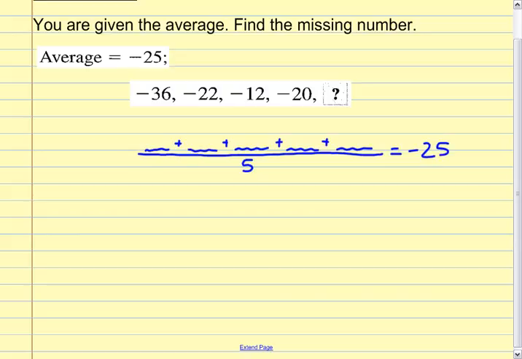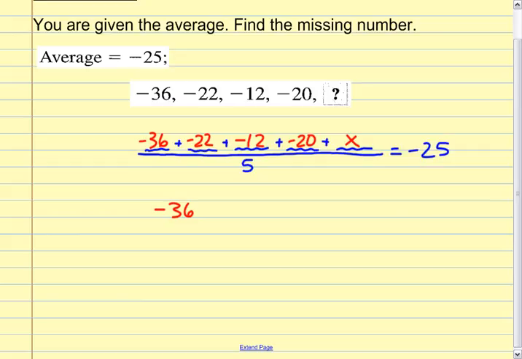Okay. Now let me plug in my numbers. So I've got negative 36, negative 22, negative 12, negative 20, and, oh, I don't know. I think I'll put X. Okay. Now, let's rewrite this. I like negative 36.